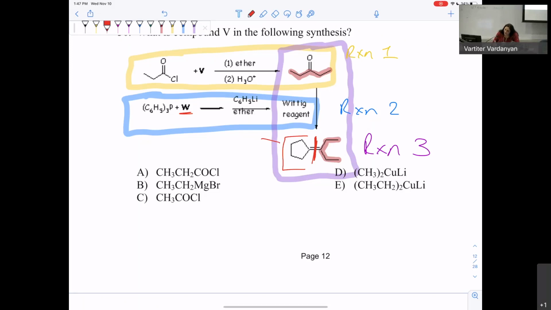So we're going to go backwards. And we get PPh3. And if we go backwards, as someone said before, we're going to get this with some kind of halogen on it. Ta-da! Questions?